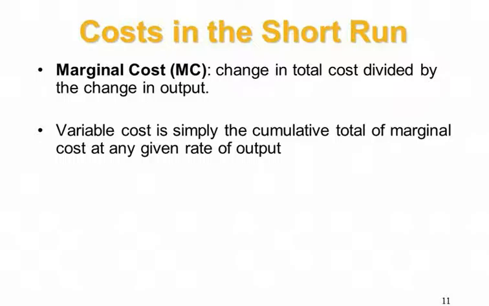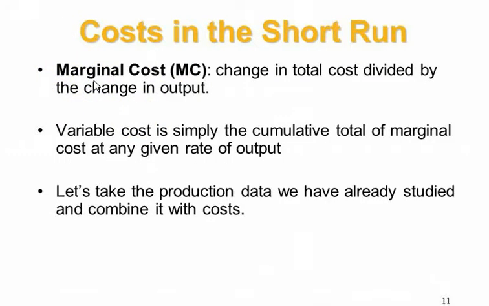So what's the difference between marginal cost and variable cost? Well, basically, variable cost is simply the running total of marginal cost. If you add up all of your marginal costs, meaning you look at the additional cost for each unit that you produce, if you add them all up, it's variable cost. So variable cost is simply the running total of marginal cost.